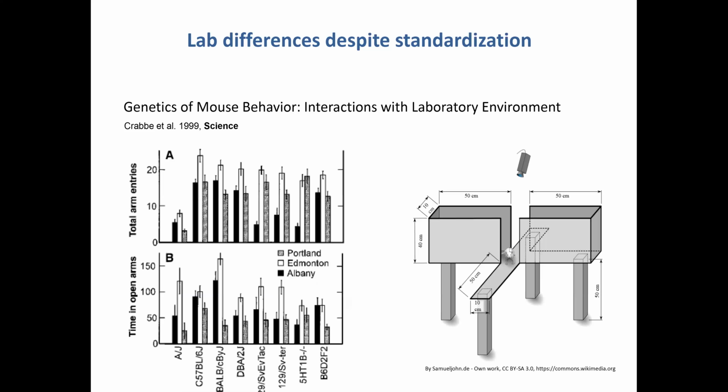Then you place a mouse here in the middle of this cross, and you're just observing. Usually, you're recording the behavior. You're observing what the mouse is doing, and especially you're measuring how much time the mouse is spending in these closed arms and how much time it is spending in these open arms.